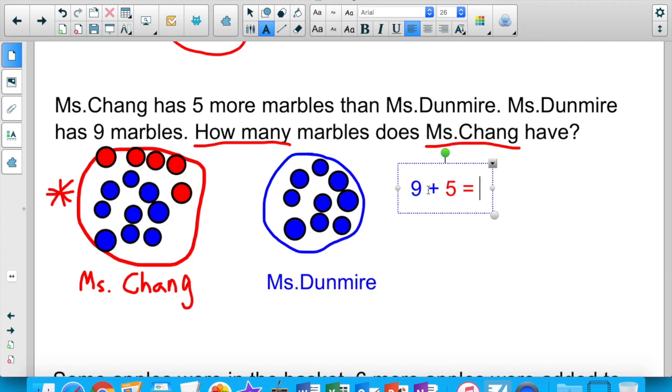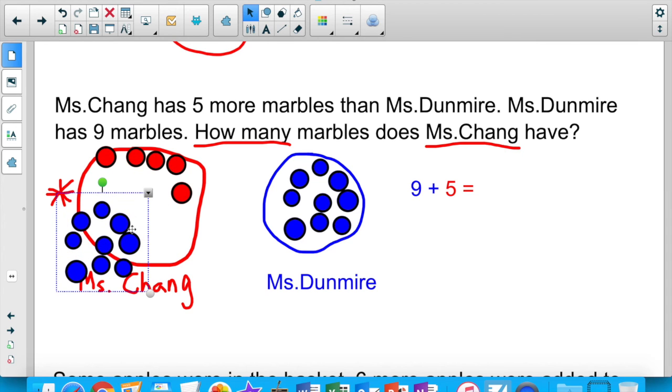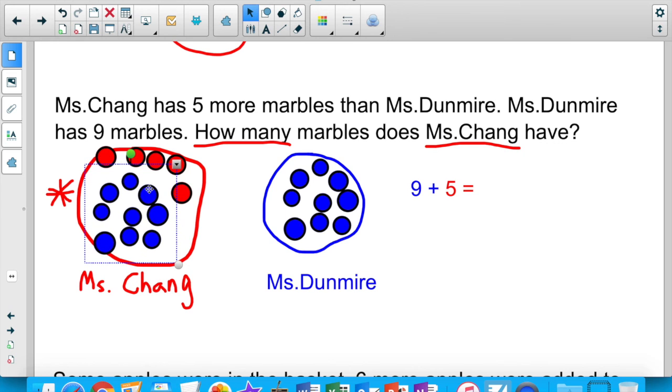Okay, so 9 plus 5 equals. Well, in Miss Chang's bag, I already know that this group of blue marbles is a group of 9 marbles. I already know that. Okay, so I can just count on.